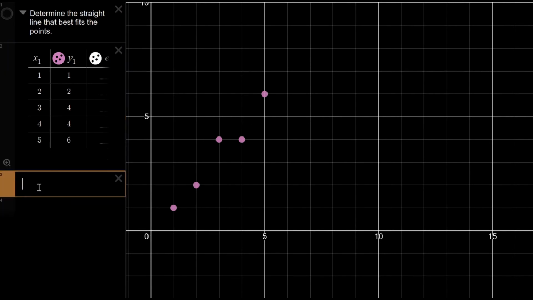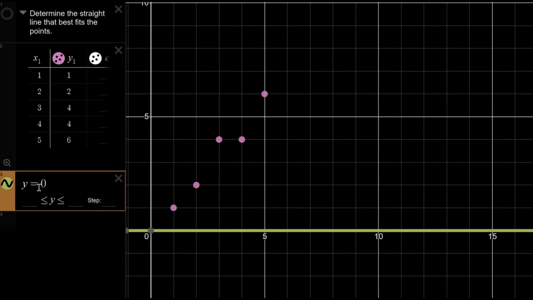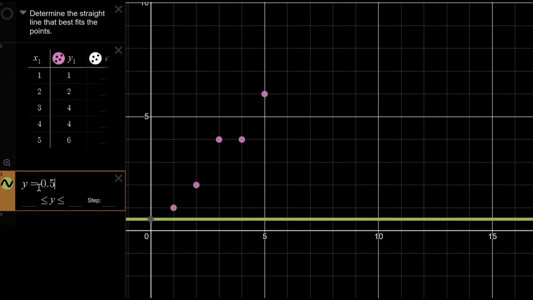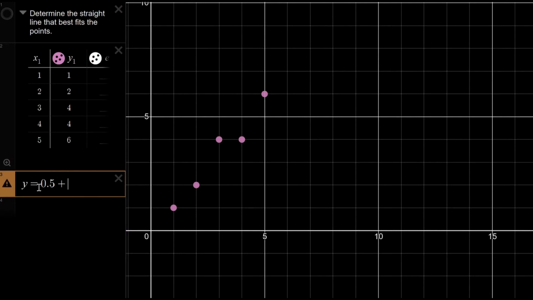If we are trying to guess, maybe let us try the line y equals 0.5 plus x, which is this white line, where the slope is 1 and the intercept is 0.5.